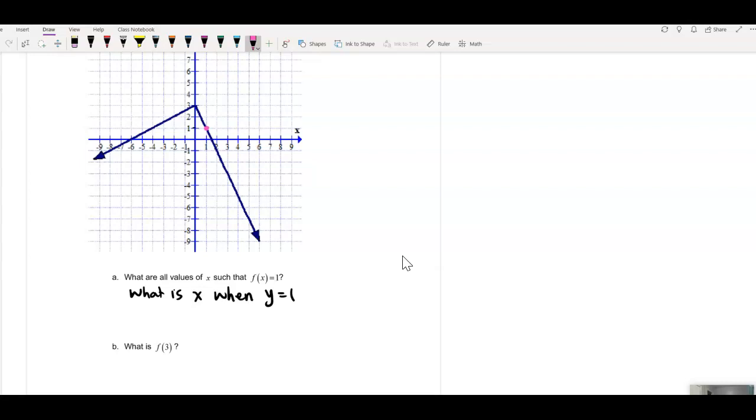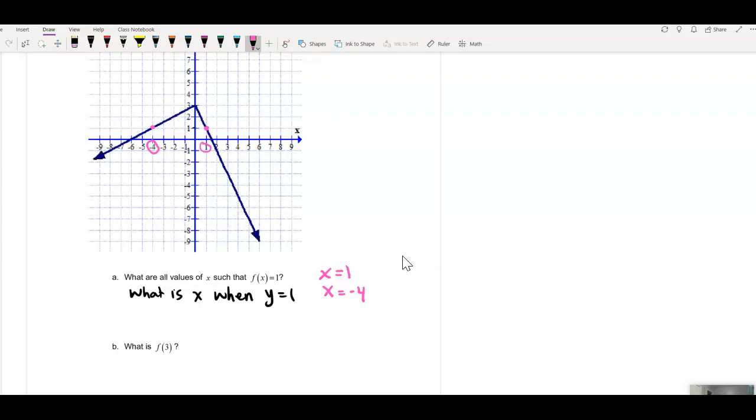So at 1, I have two different answers there. So x could be 1, or x could be -4. Both of those is when y equals 1.